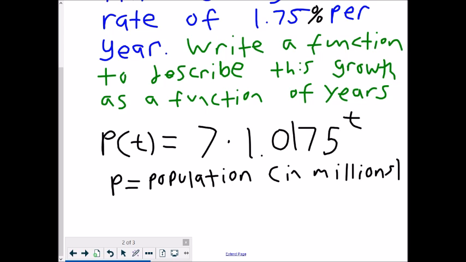You have to tell me what P is, and you have to tell me what T is, and the measurements. P equals population. Population could be in thousands, millions, billions, trillions, zillions. And time could be in seconds, minutes, hours, days, weeks, months, centuries, decades. You don't know, so you have to specify. And T equals time in years.